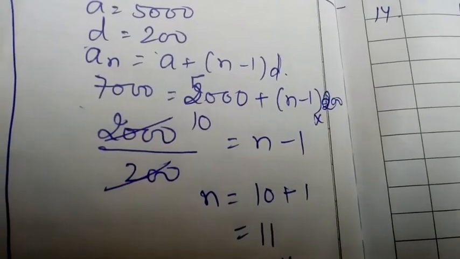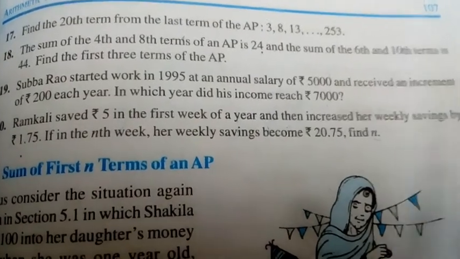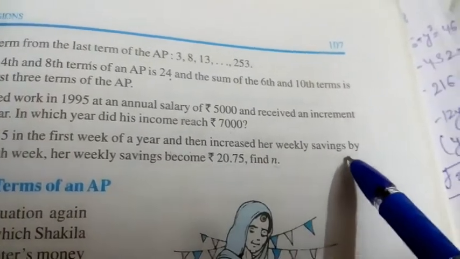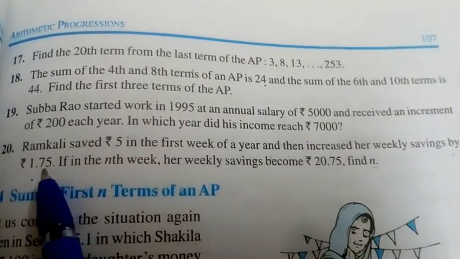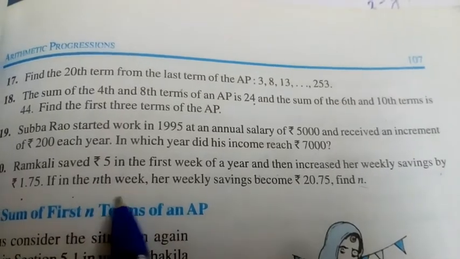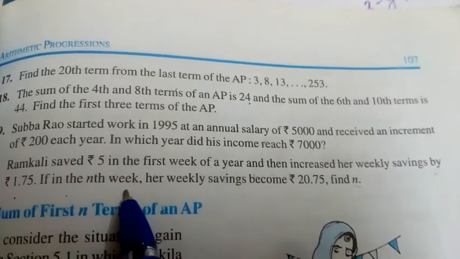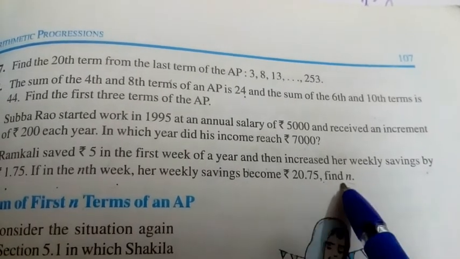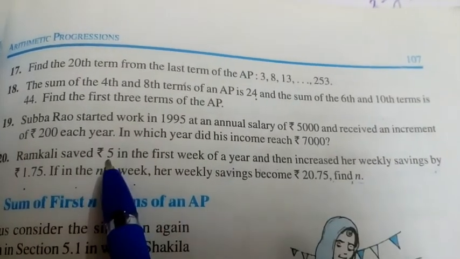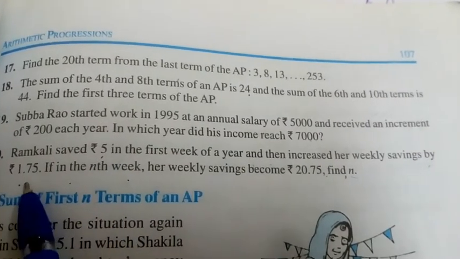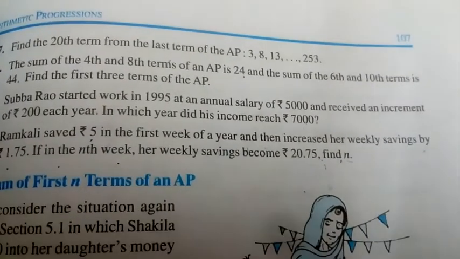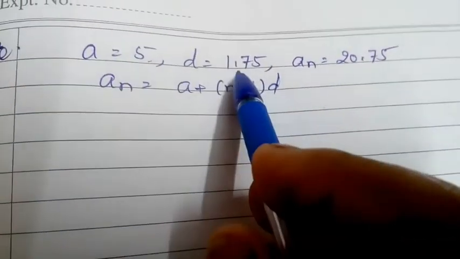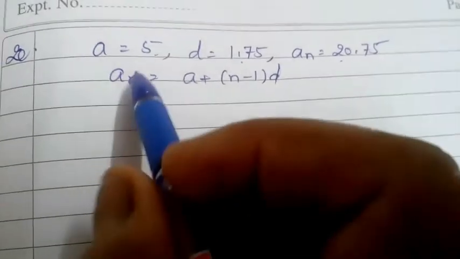Last question, question number 20. Ramkali saved rupees 5 in the first week, then increased her weekly savings by rupees 1.75. If in the nth week her weekly savings become rupees 20.75, find n. Simple question. A equal to 5, d equal to 1.75, an equal to 20.75.